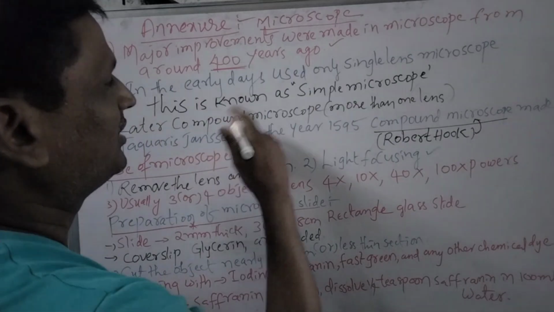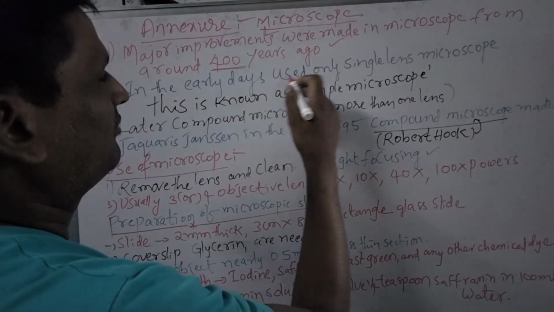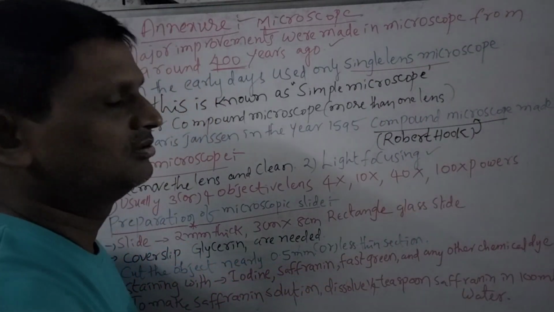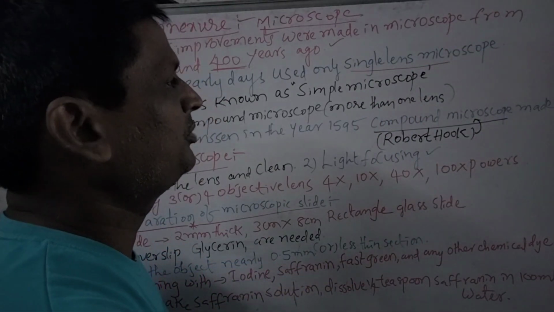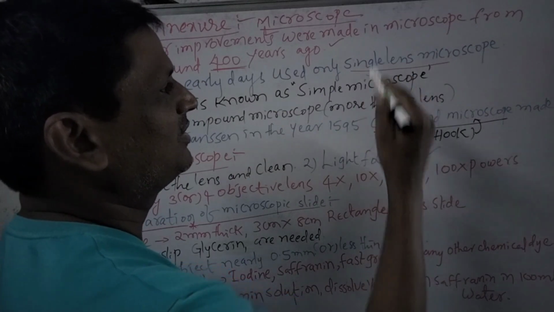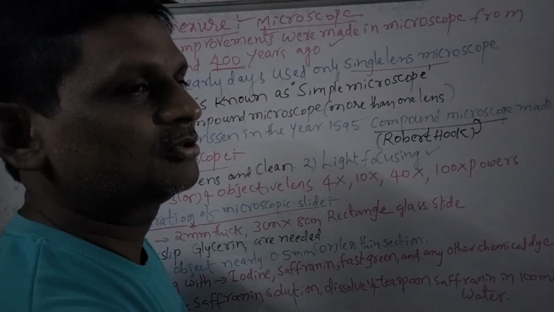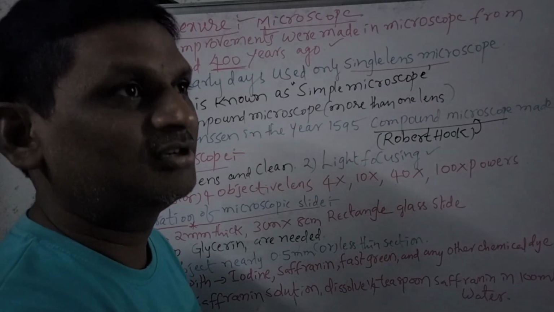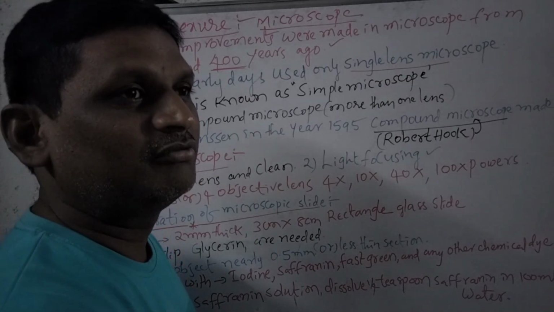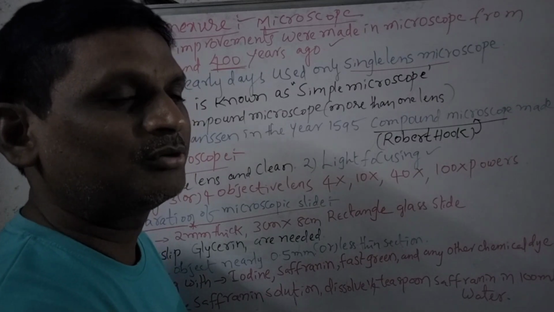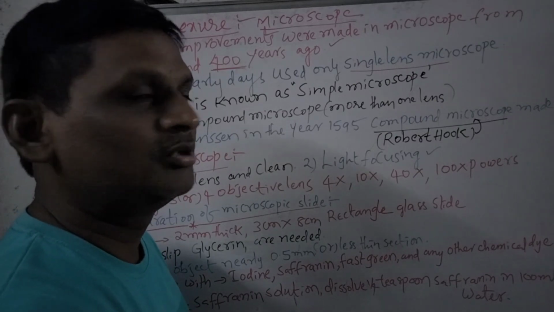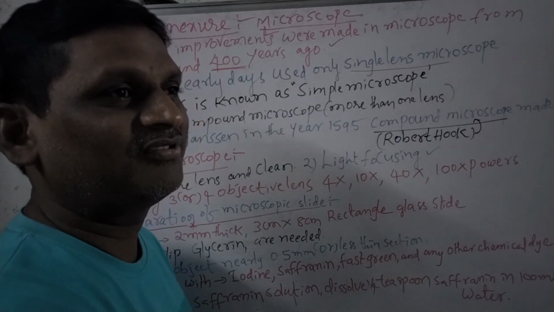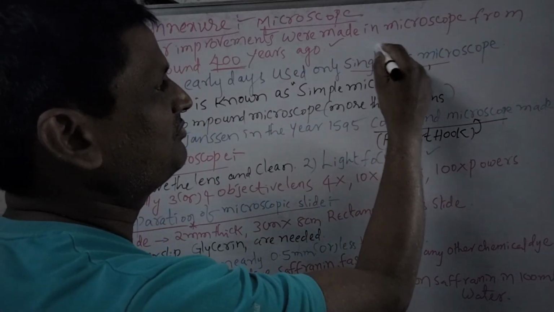Next, in the early days only the single lens microscope was used. The first microscope was a single lens microscope. Even Robert Hooke and Anthony van Leeuwenhoek, when he observed the microorganisms through the microscope, used the single lens microscope. That single lens microscope can magnify up to 300 times.